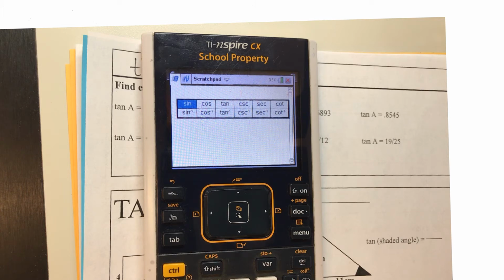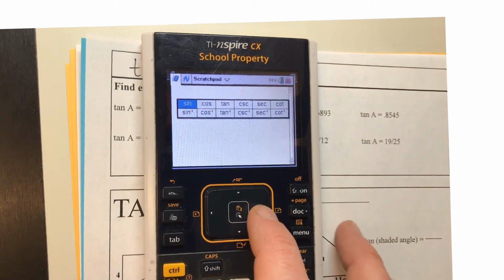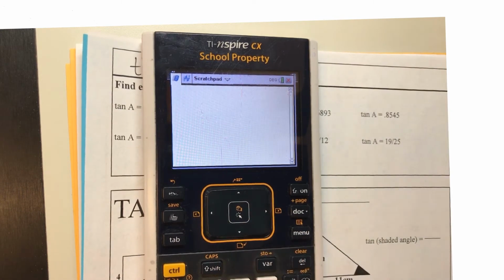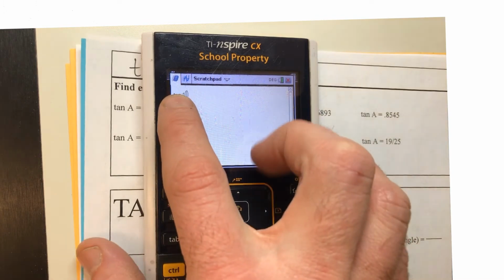These other three, cosecant, secant, and cotangent, we won't use at all in this class. For today, to find the angle, and we'll talk about the difference between these as we go through here, we're basically only using the tan inverse. Okay? So go click on tan inverse, and we want that.